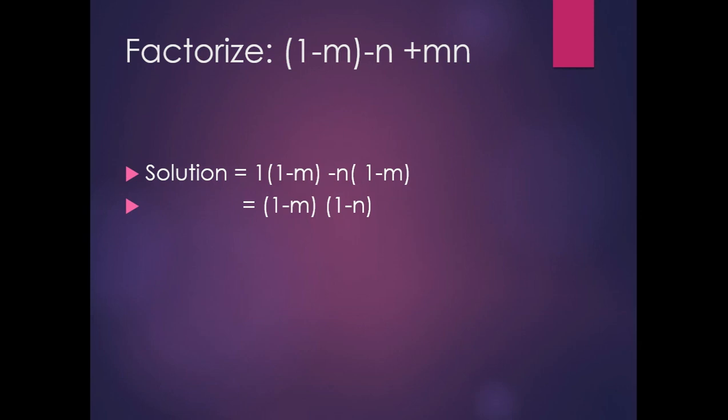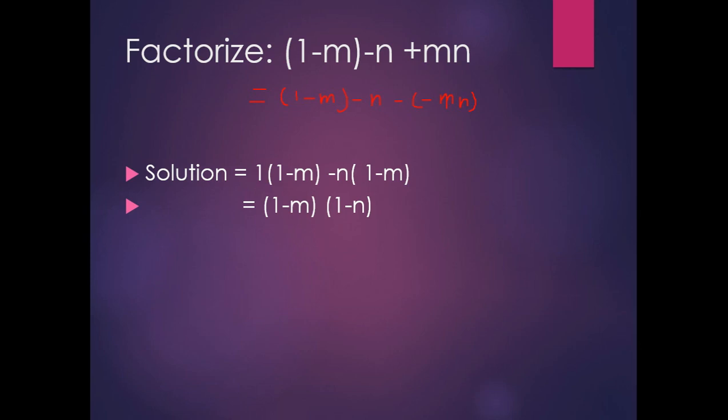Here this equals 1 minus m, and here we have minus n, and this plus means it is minus times minus m times n.